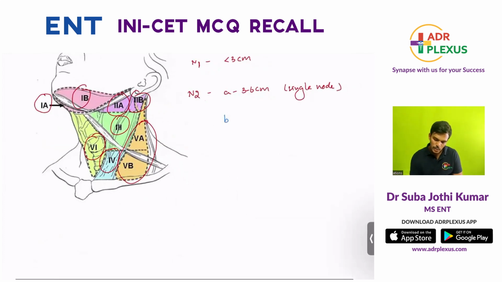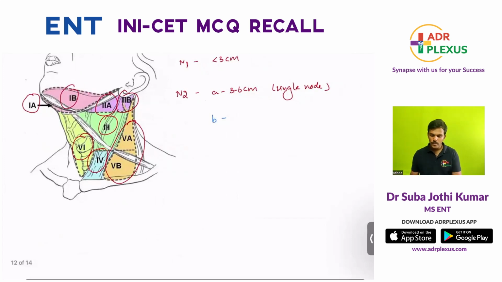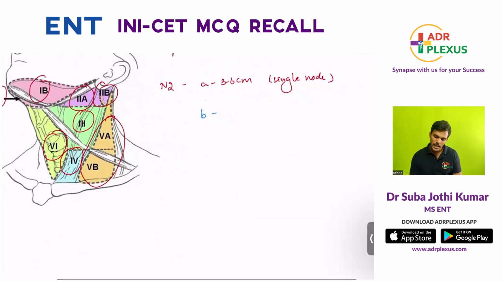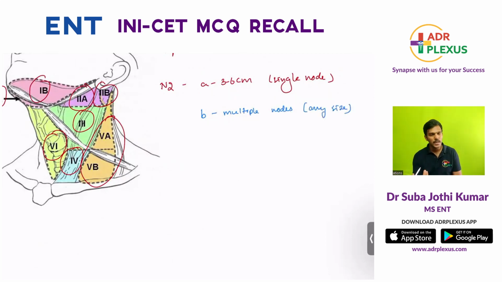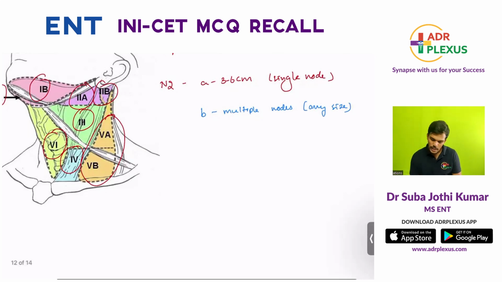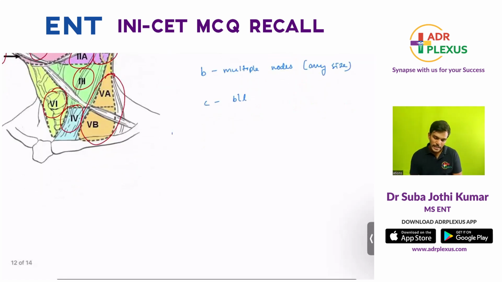In N2B, what will be there? Multiple nodes, any size. So if 2 nodes are there, it is automatically N2B. You don't have to look upon the size of the node. N2C is bilateral nodes. Bilateral nodes, any size is N2C.